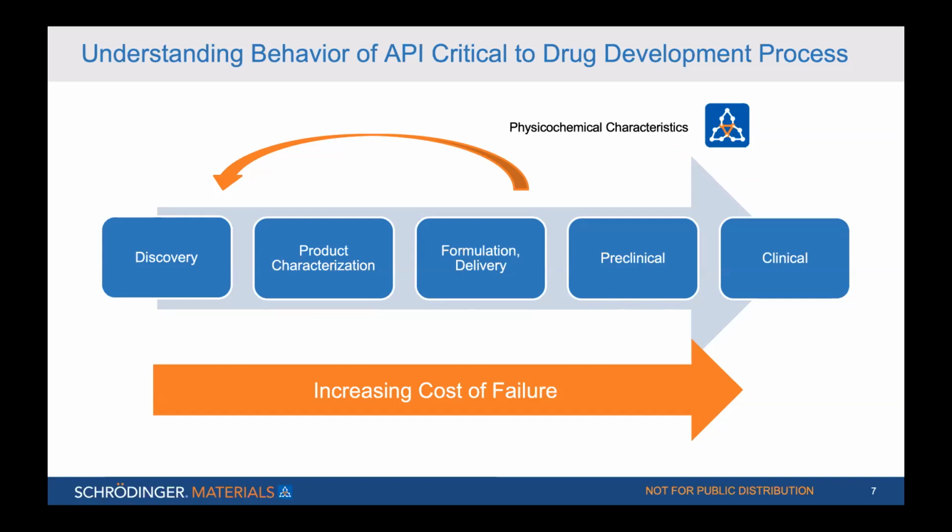Then the formulation and delivery system has to be defined. If that goes wrong, we sometimes have to go all the way back to discovery and come up with some kind of modification. The further down the line you go, the cost incurred keeps increasing. If you fail at that particular stage and want to come back to the original state and start the process again, it's a huge loss of money, time, and skilled manpower.